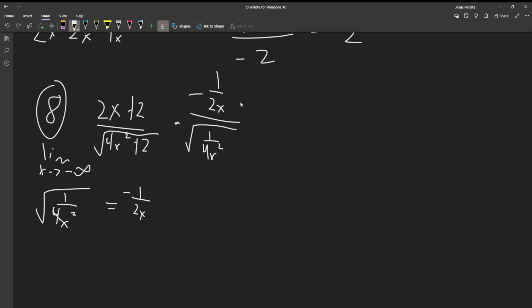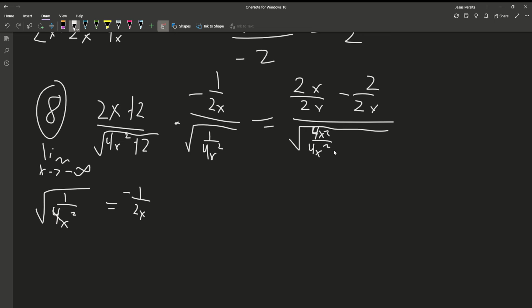1 over 2x, actually. So we're going to multiply it, so then it's going to be 2x over 2x, and then that's going to be negative 2 over 2x over the square root of 4x squared over 4x squared plus 2 over 4x squared.